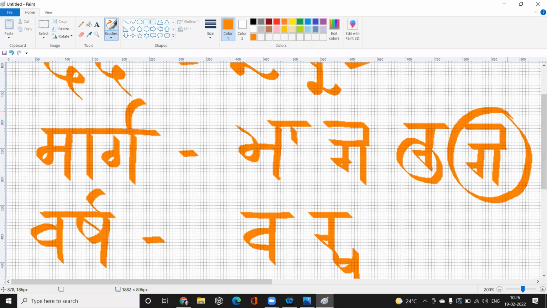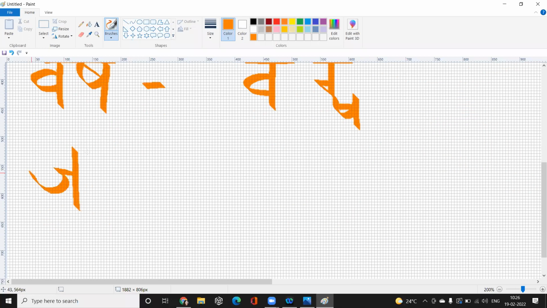For example, if we have now the R matra on top of J. So we will not write it like this. This is not that we are going to follow here. This would be incorrect.